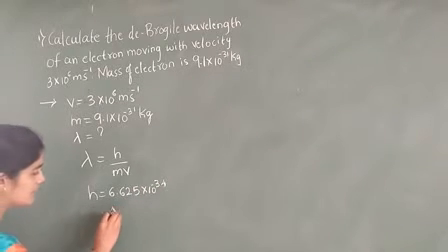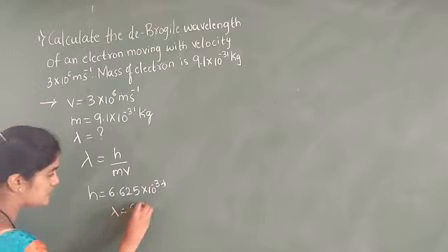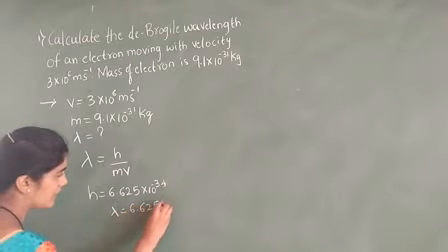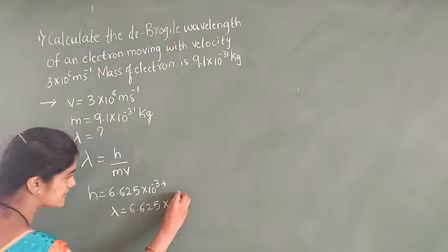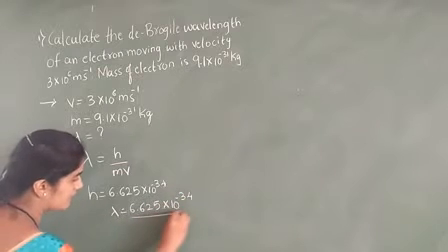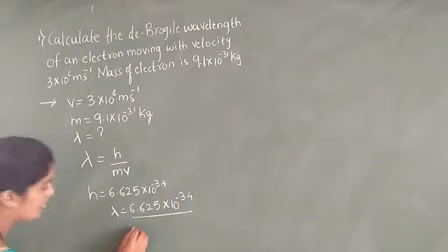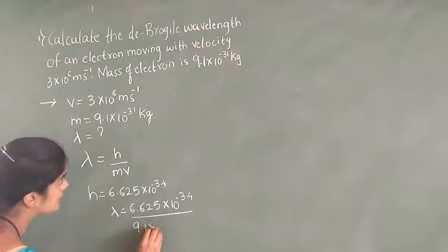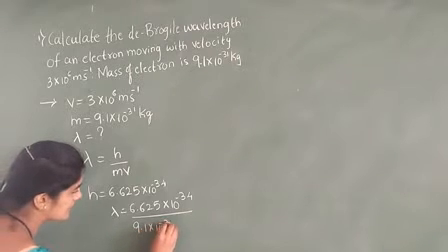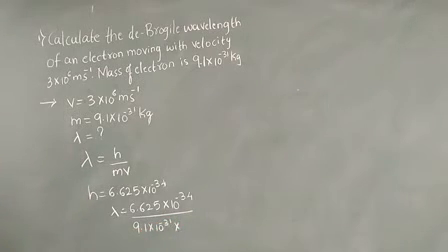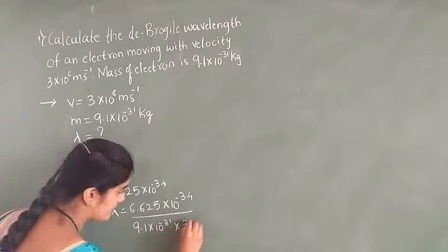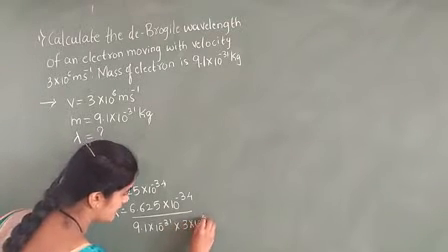Lambda is equal to 6.625 into 10 raised to minus 34 divided by m into v. 9.1 into 10 raised to minus 31 into v is 3 into 10 raised to 6 meter per second.